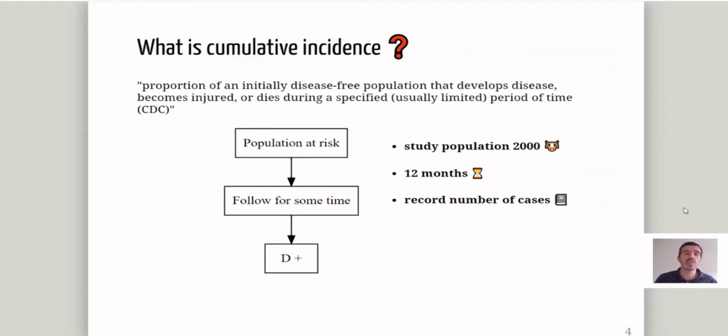And that is how you end up with information that will help you to calculate the cumulative incidence. So it's important that the population at the start of the study is disease-free, at least for the disease that you are looking for. So when we get our data, we are ready to calculate the cumulative incidence.